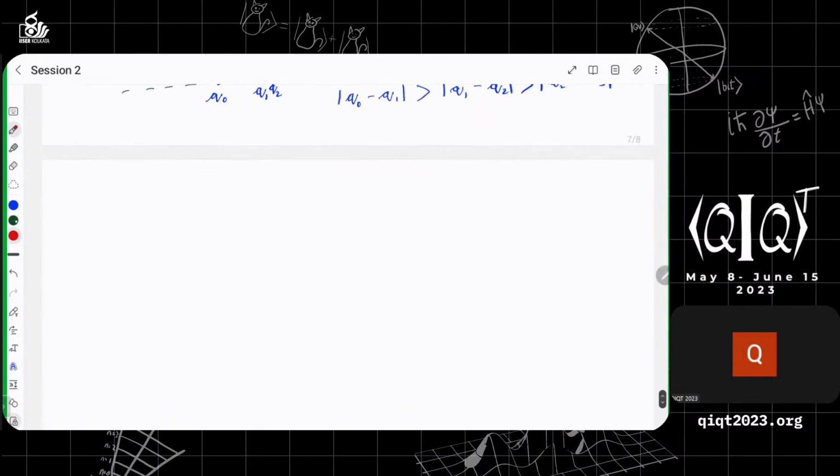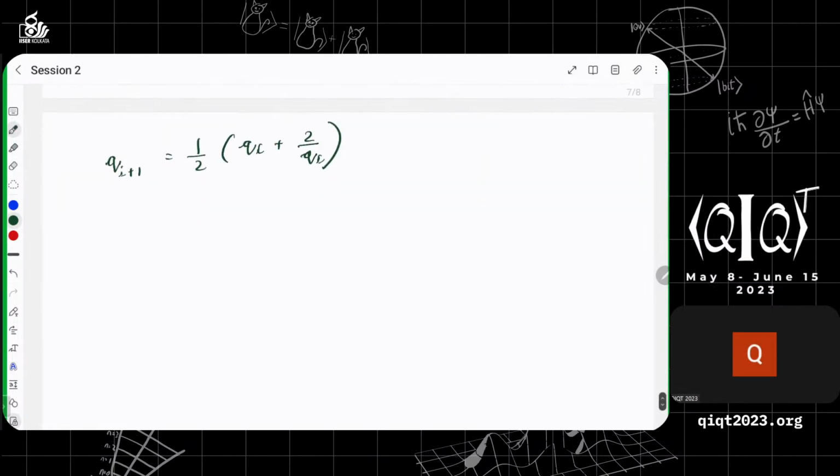So let's say we take the following update rule for our sequence. q_{i+1} equal to half of (q_i plus 2 by q_i). Let's take this sequence. Now, we have to take some starting point, so let's start with q0 equal to 1.